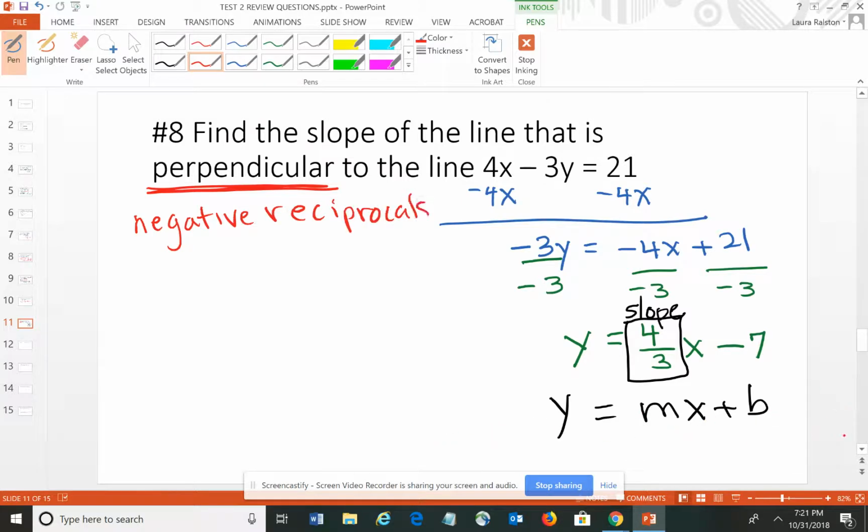So if the given line is 4/3, the negative reciprocal, which I get by flipping the fraction over, so the fraction becomes 3/4, and I change the sign. So the slope that is perpendicular would be negative 3/4.